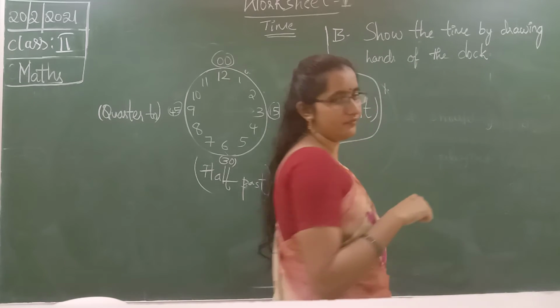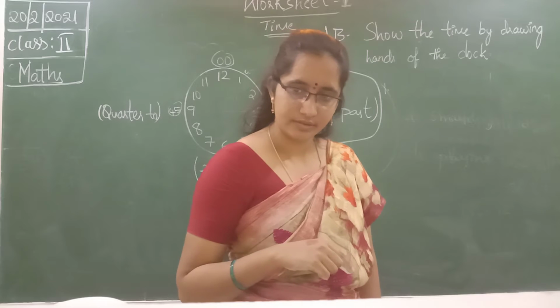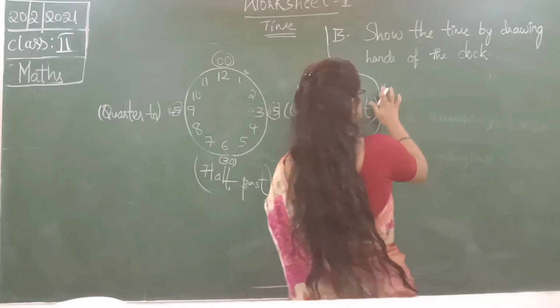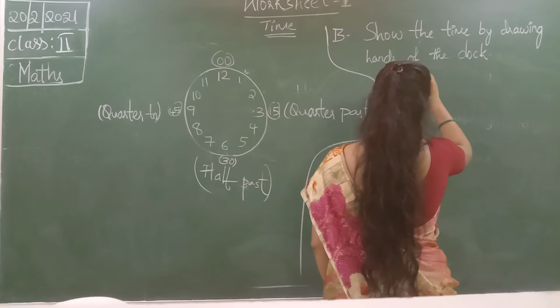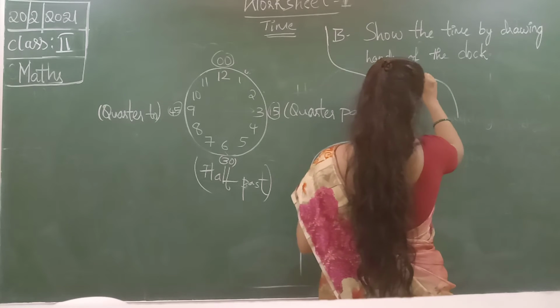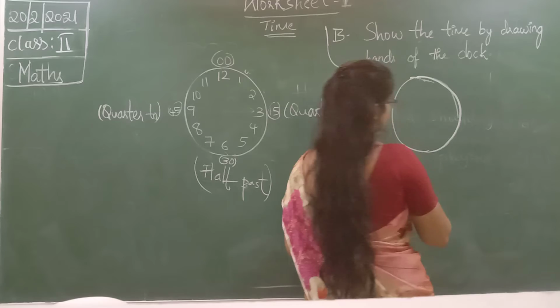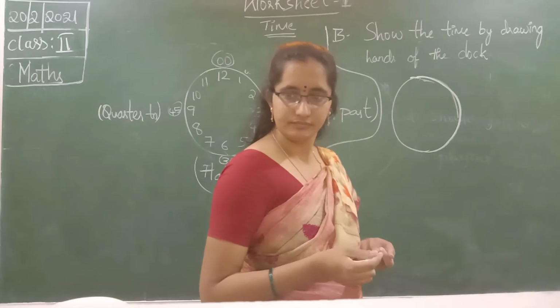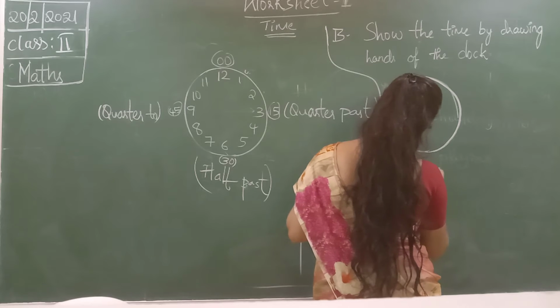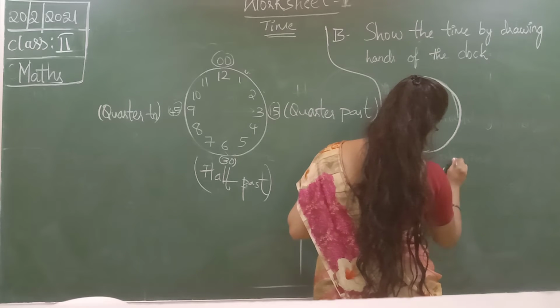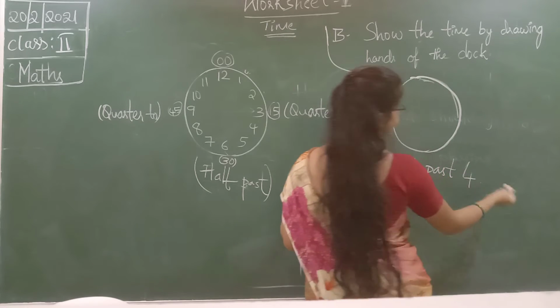First one in the B bit, what is that? I didn't give any first one, I just gave the diagram. They wrote half past 4.